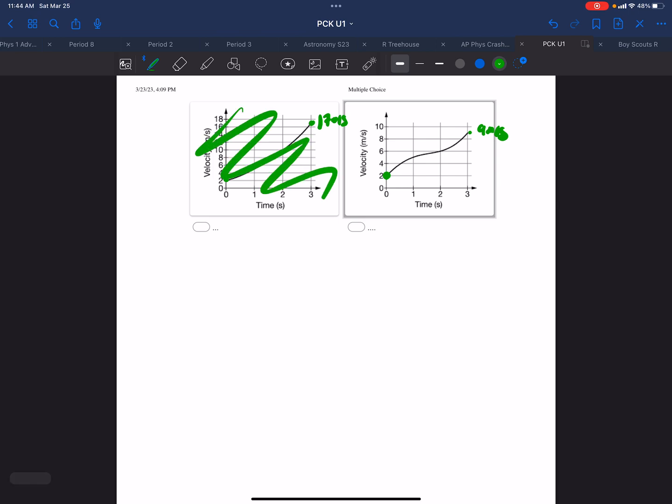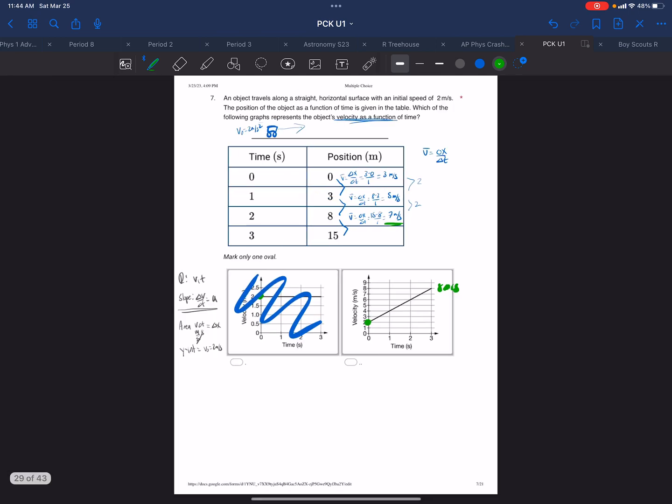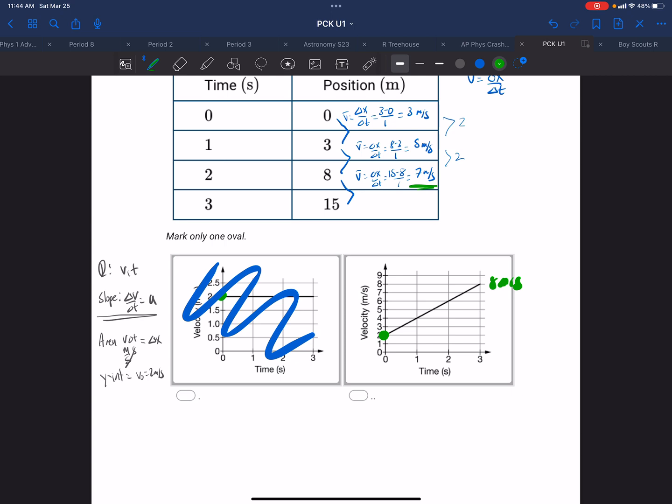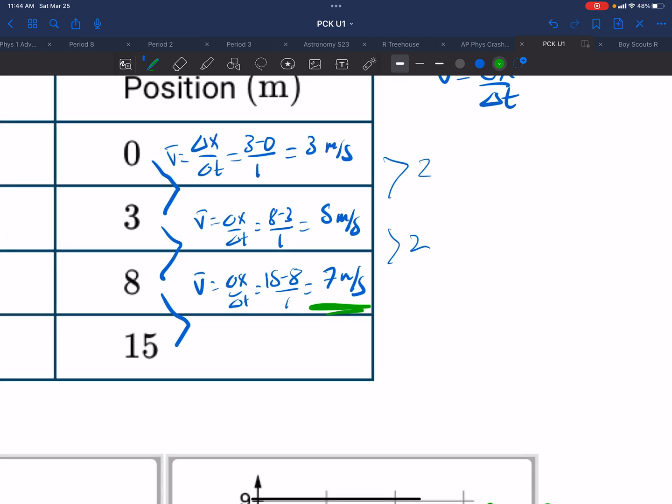The next thing we might do is use this information about the slope. The acceleration is the change in velocity over the change in time. Well, if we look at the numbers we had here, during this interval, we went from 3 to 5. So 5 minus 3 over 1 second is 2 meters per second squared.